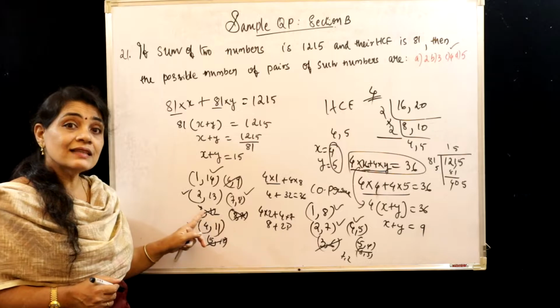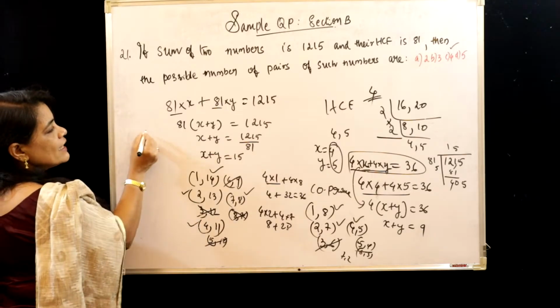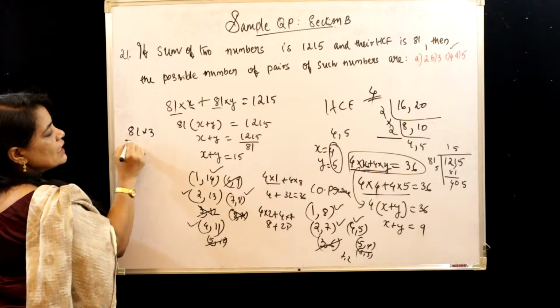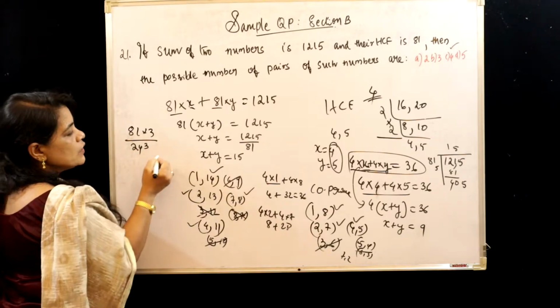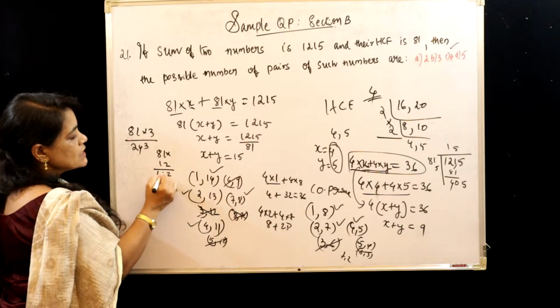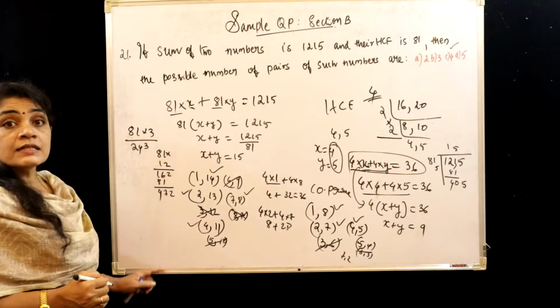We haven't considered this pair 3 and 12. Why? Because I will explain. If you are taking x as 3, that is 81 into 3, that is 243. Here if you are taking 81 into y as 12, you will have 972.